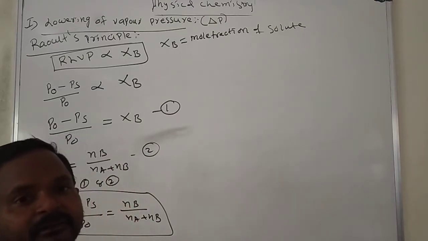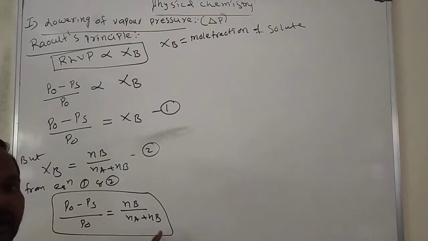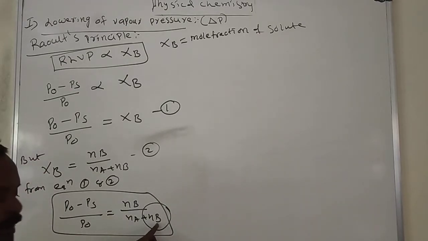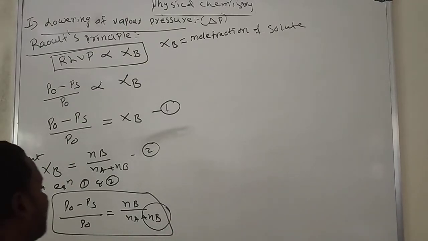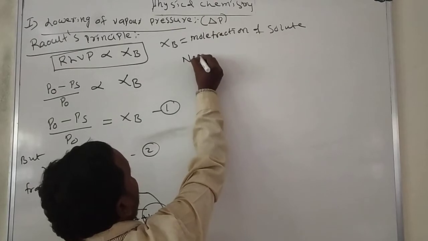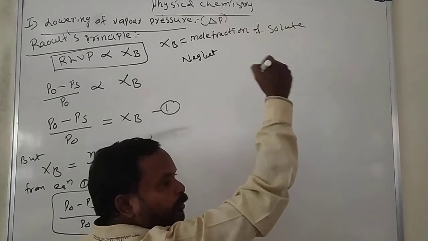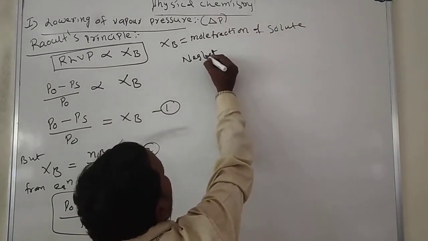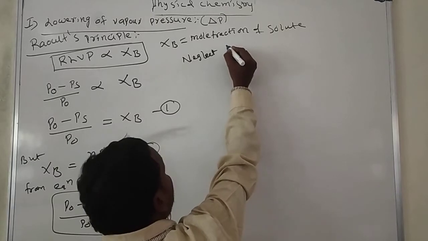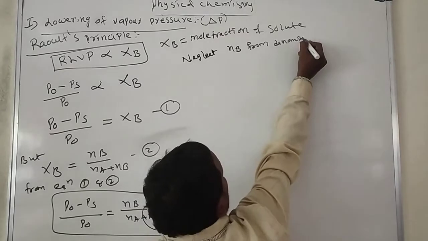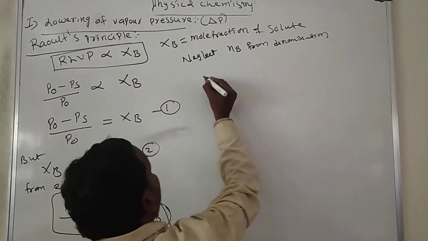All dilute solutions have very little solute, so you have to neglect the number of moles of solute from the denominator. Why do you neglect it here? The amount of solute is very small. Neglect Nb from the denominator. What happens here?